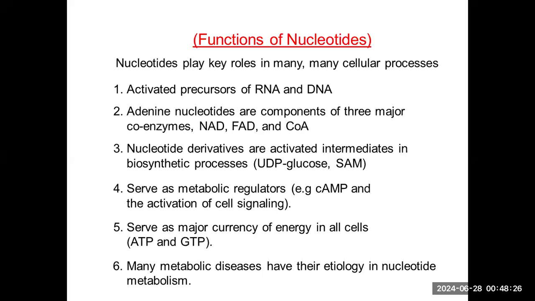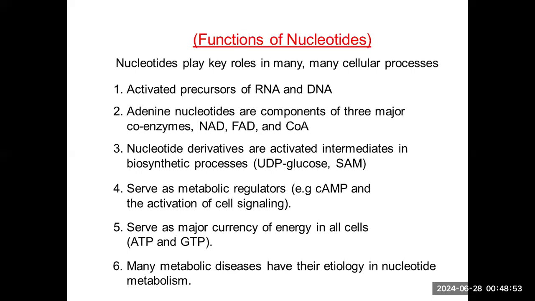Nucleotide derivatives like UDP glucose and SAM, that is S-adenosyl methionine, are activated intermediates in biosynthetic processes. For the synthesis of glycogen, you recall that glycogen is composed of many molecules of glucose.